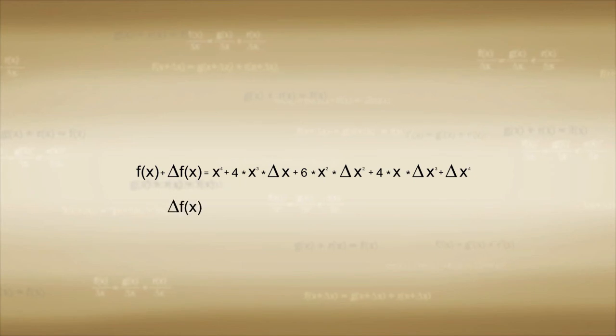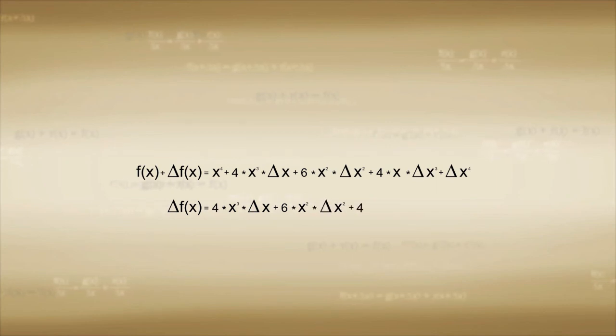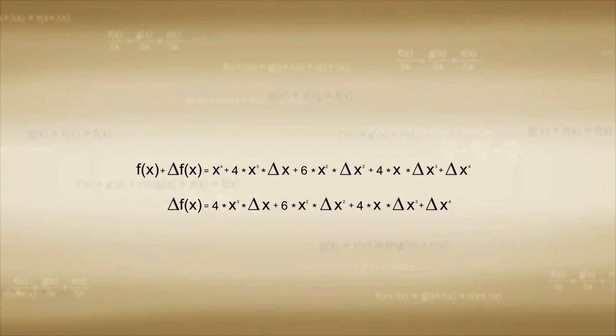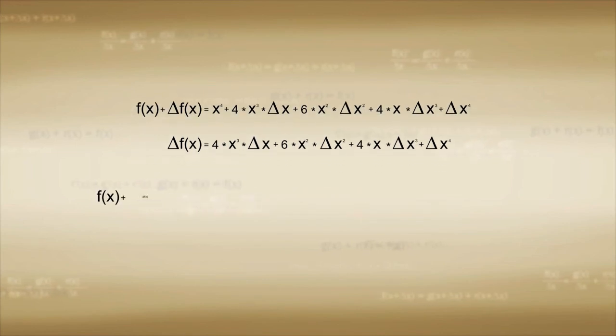So then, the delta f of x is equal to 4 times x cubed times delta x plus 6 times x squared times delta x squared plus 4 times x times delta x cubed plus delta x raised to the power of 4.